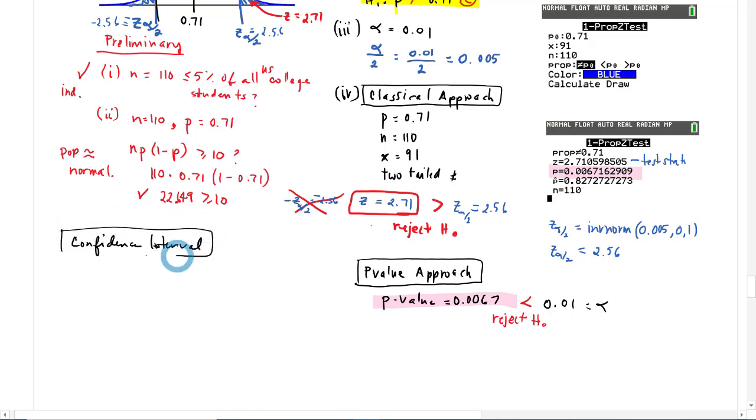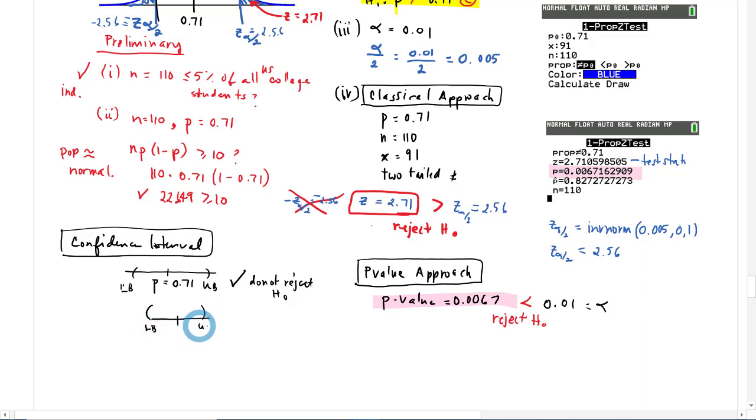So we want to make sure that p equal to 0.71 is in this confidence interval, in between the lower bound and upper bound. Then you're okay, do not reject the null. But if p is somewhere out here, outside the lower and upper bound, then you have to reject the null.